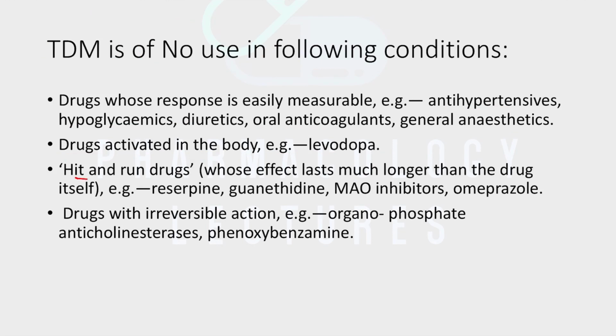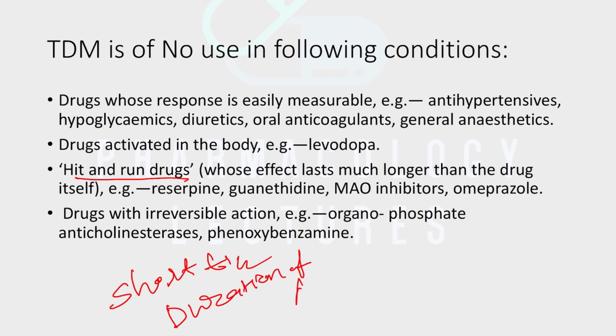Now the third thing is hit and run drugs. What are these hit and run drugs? These are drugs having a short half-life, but their duration of action is long. So how can this happen?